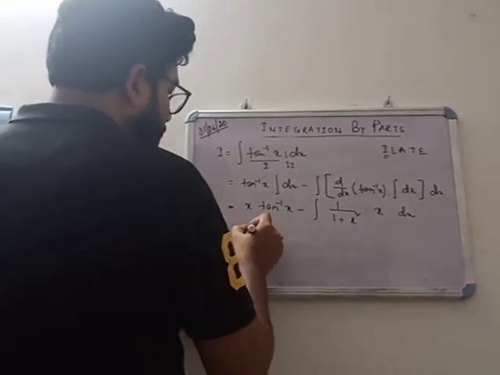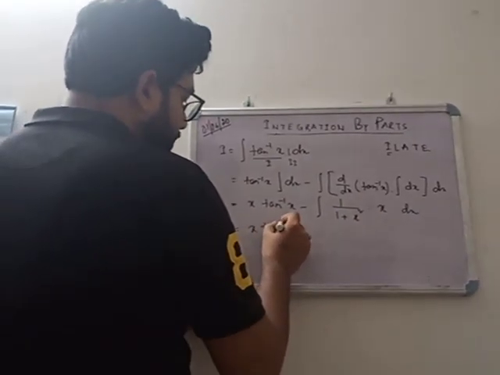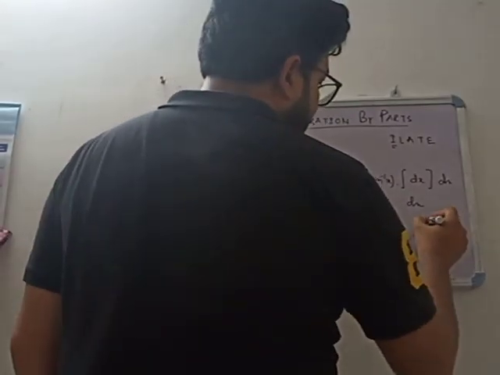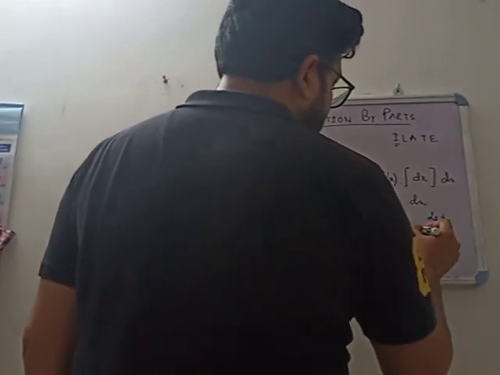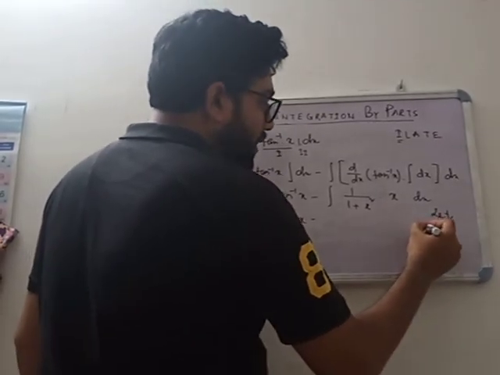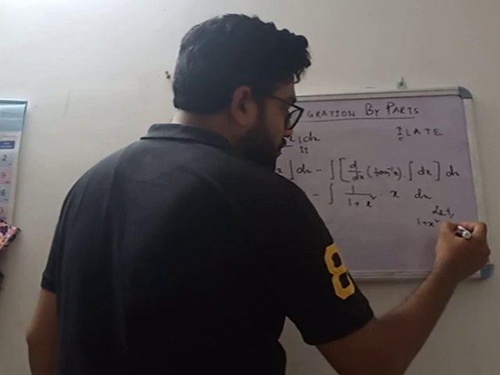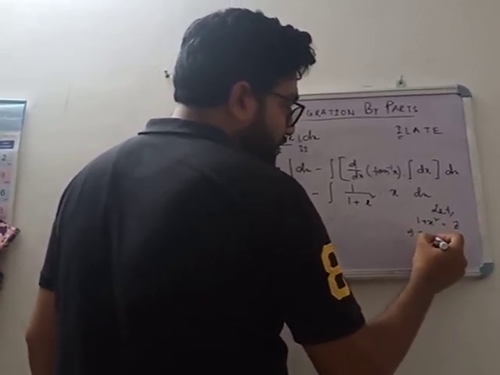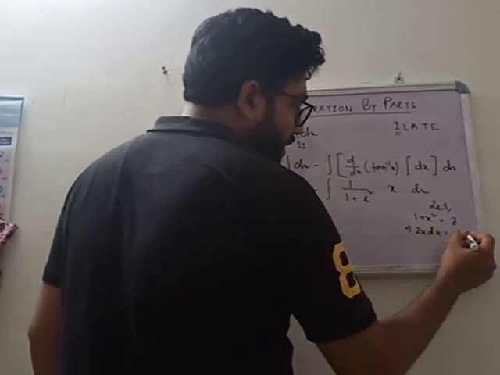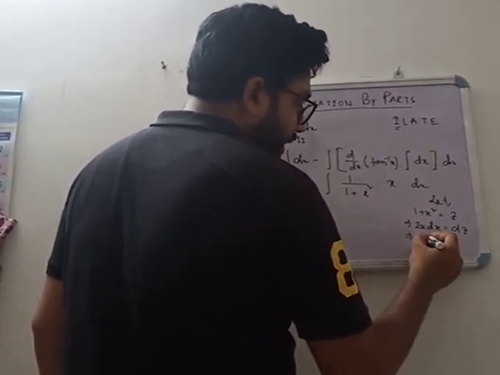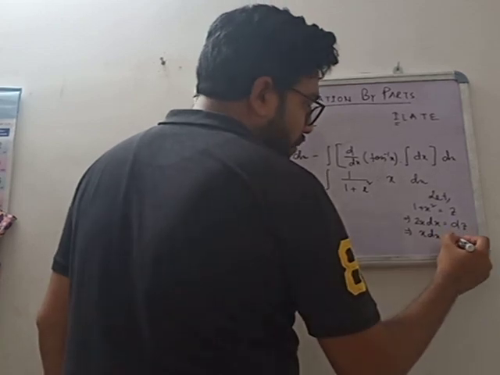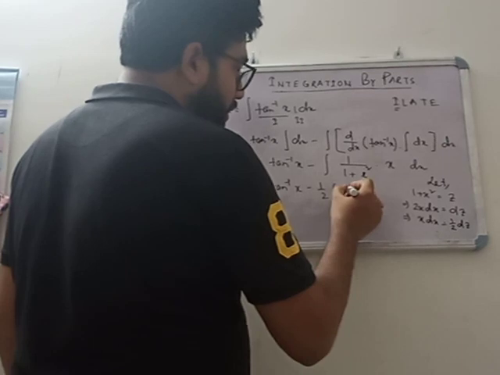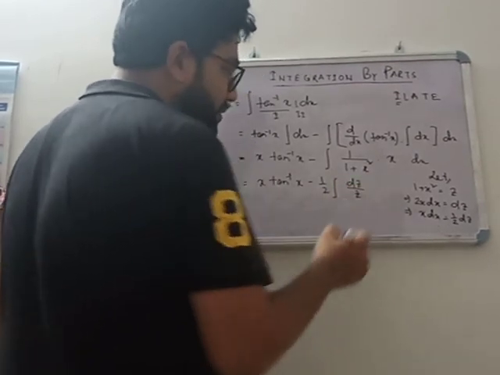Okay. So now x tan inverse x minus, here x by 1 plus x square is given, now we take 1 plus x square equals z, so 2x dx equals dz and x dx equals 1 by 2 dz. So right here 1 by 2 dz by z.